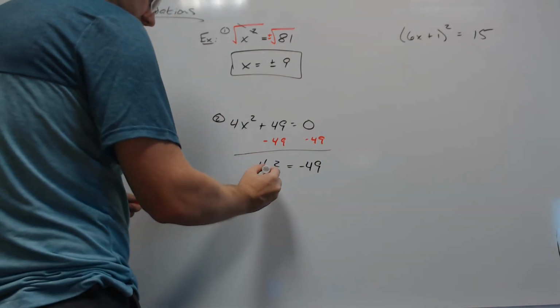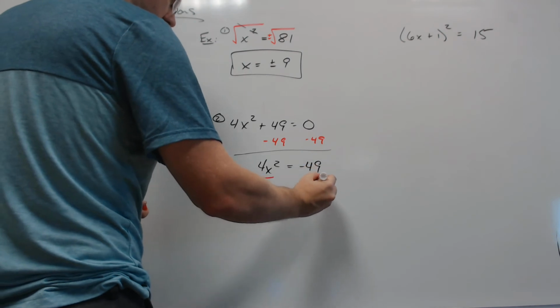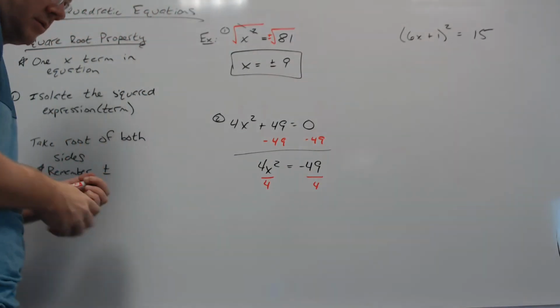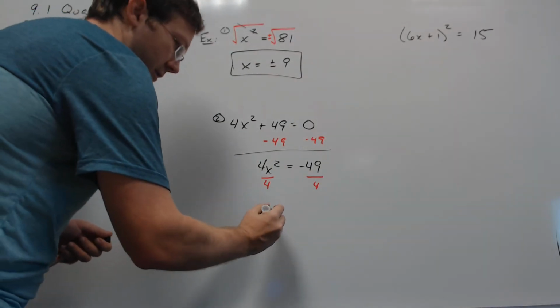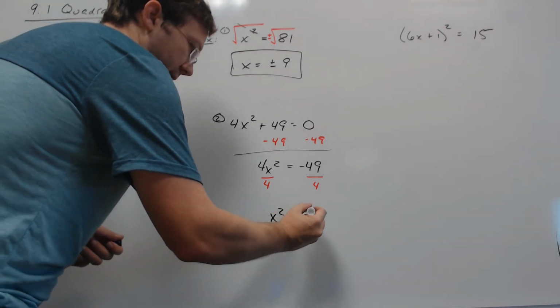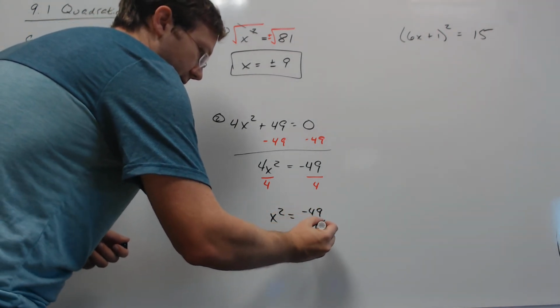Then we can divide by 4. So x squared equals negative 49 over 4.